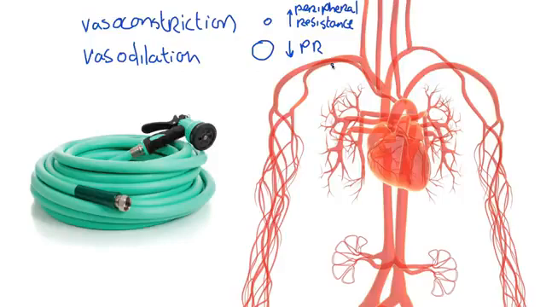If all your blood vessels were to just vasodilate, then the blood would just pool to the lower extremities. You don't want that. You want to take advantage of vasoconstriction and vasodilation. But the main concept of resistance has to do with the fact that as the blood is flowing through the vessels, it is going to be encountering friction. It is going to be encountering resistance.